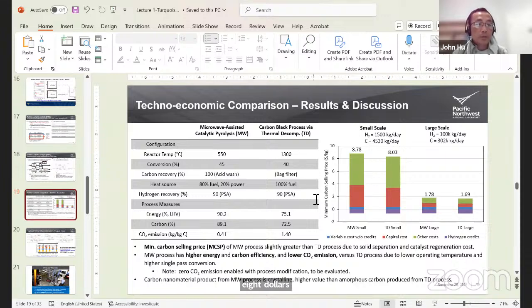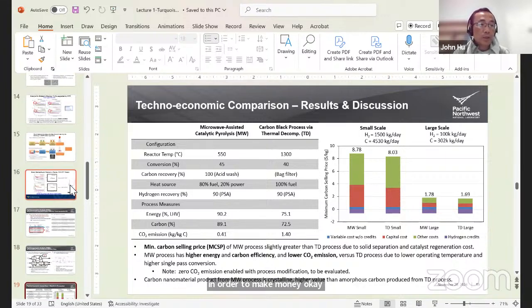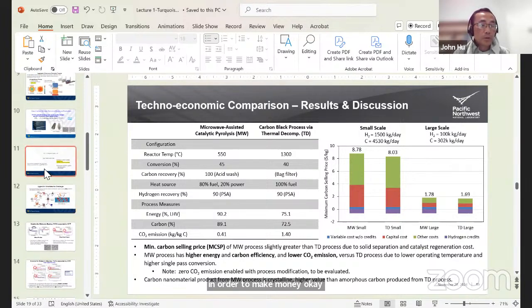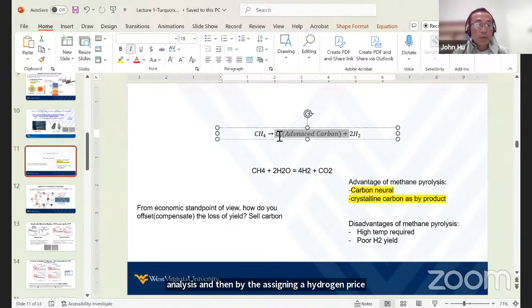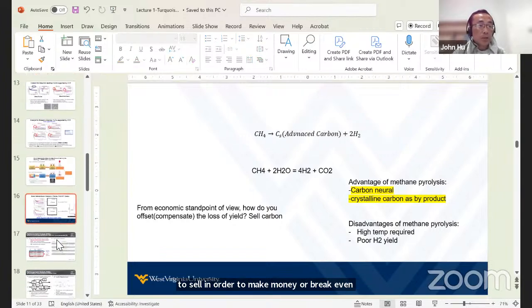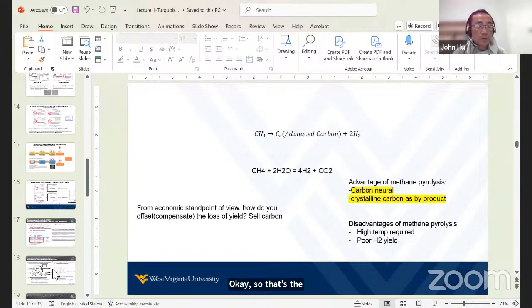Remember, in methane pyrolysis we produce hydrogen and carbon. So in the economic analysis, by assigning a hydrogen price, we want to know what price of carbon we need to sell in order to make money or break even. So that's the techno-economic analysis result.